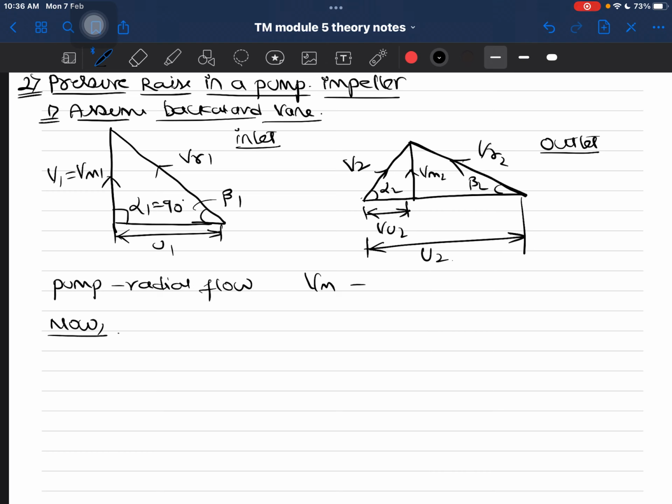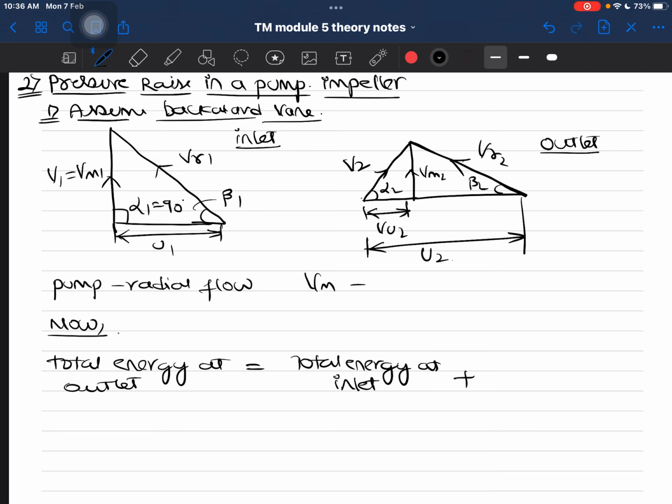Now, the total energy at the outlet of any pump would be equal to the total energy at the inlet plus the work done by the impeller.